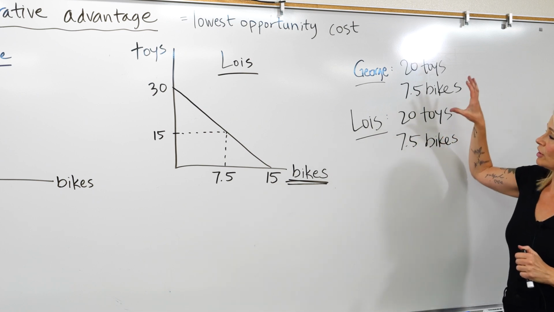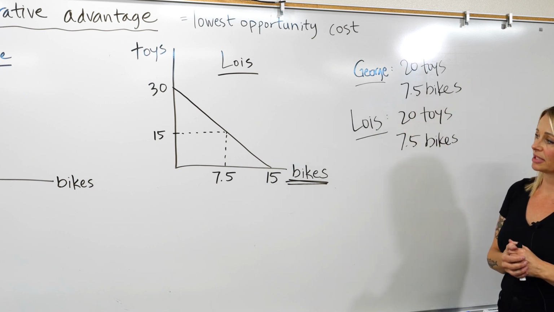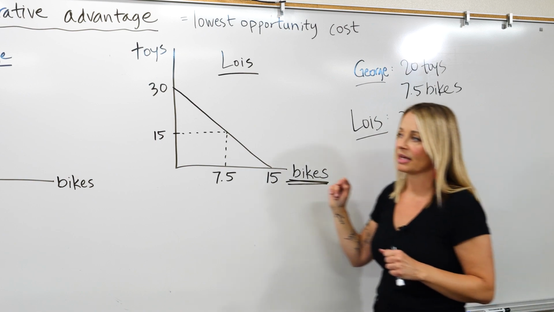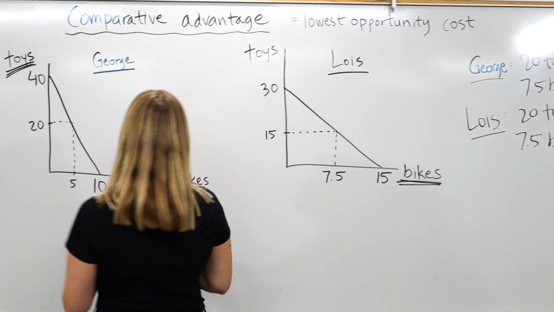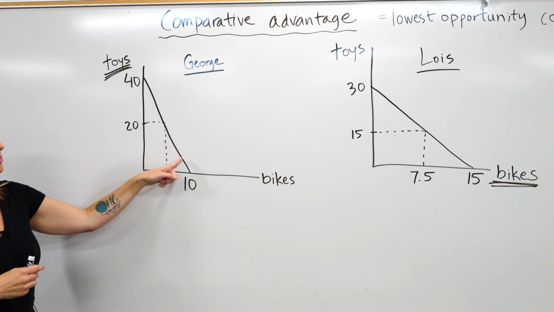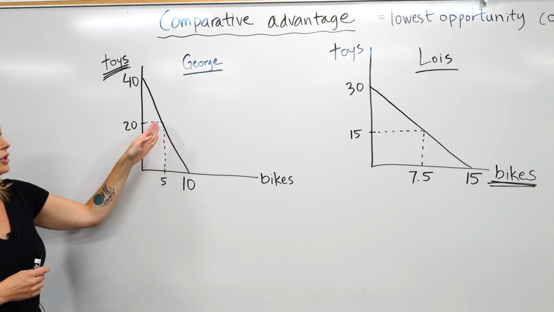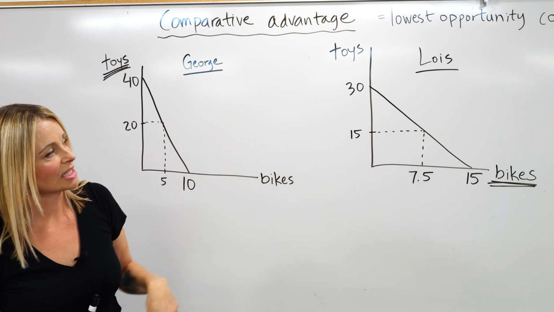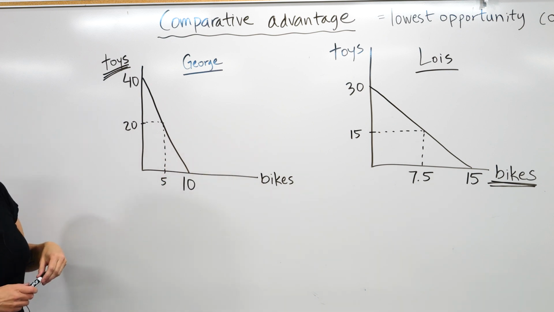So now we're going to take a look at where these points are located on the production possibility frontiers. And remember that the production possibility frontier is as much as they could possibly do on their own. They couldn't possibly be out in this range. So let's see. George with his 20 toys and 7.5 bikes.